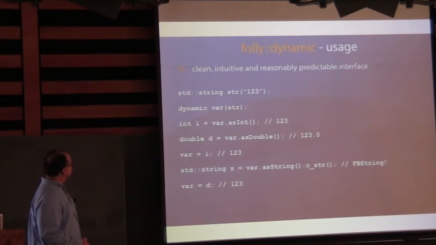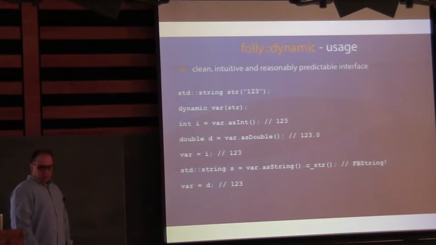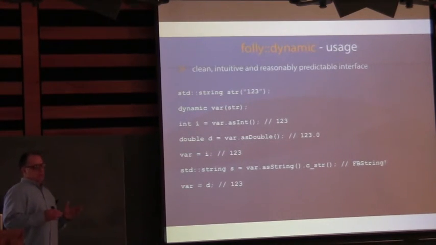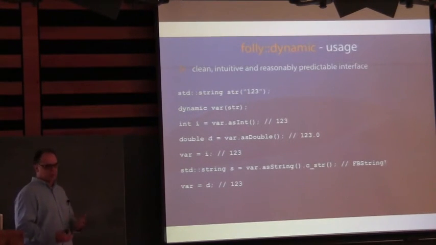Which one exactly are you referring to? The first line there is std string, right? Then you assign it to var, but somehow it's making it a Facebook string. Yes. The reason why they did the Facebook string, and I'm not speaking for them, and I didn't really investigate too much, but it has to do with performance. They've done something, probably some sort of small object optimization, that makes it perform better. I mean, they have a billion users. I'm sure they have good reasons to make it perform.